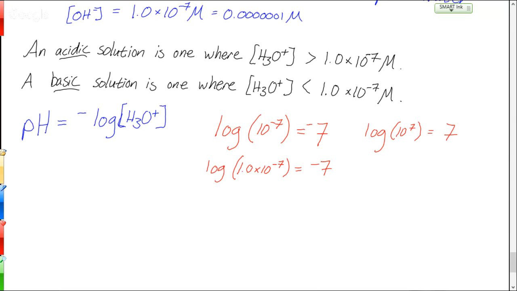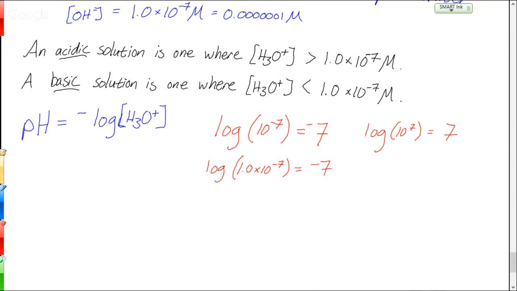So if you want to do a pH calculation, the pH is the negative log of the hydrogen ion concentration. So it's negative log of 10 to the minus 7, and you just flip the sign because the negative of a negative is a positive. For any of these even numbers, we should not need a calculator.